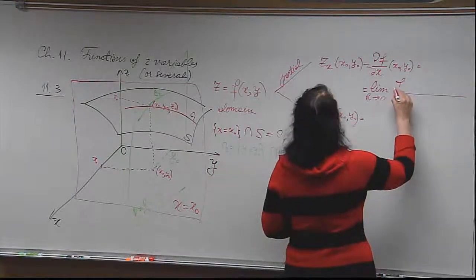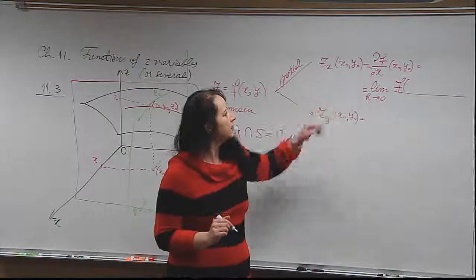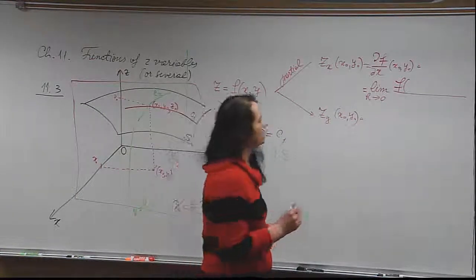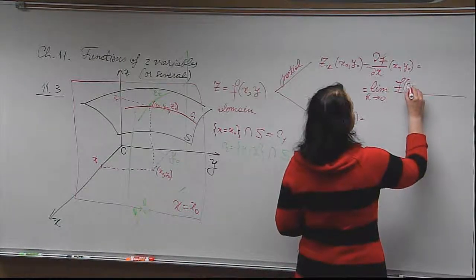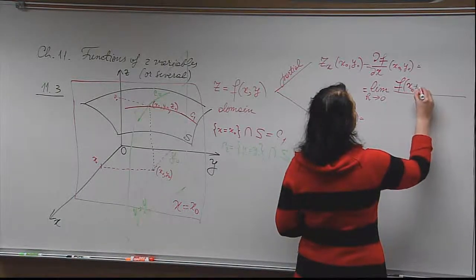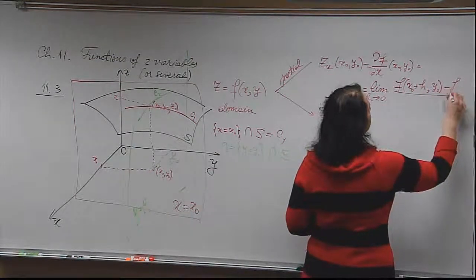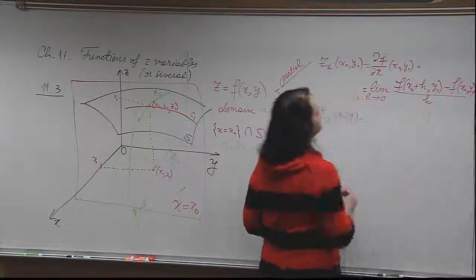I have f of, now, who is the variable? x. So who's going to stay fixed? y. So I'm displacing x0 with an h, and y0 will be fixed, minus f of x0, y0, all over h.